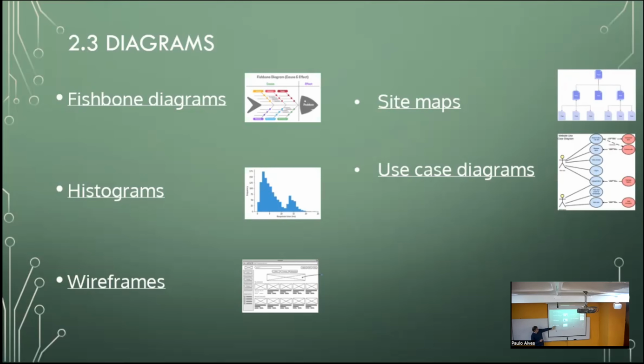Wireframe, sitemap, and use case diagram. Okay. These types of diagrams are used in computer science, not in all areas. For instance, wireframes are used in websites, like sitemaps, and use case diagrams are used for requirements in computer science or in software development.